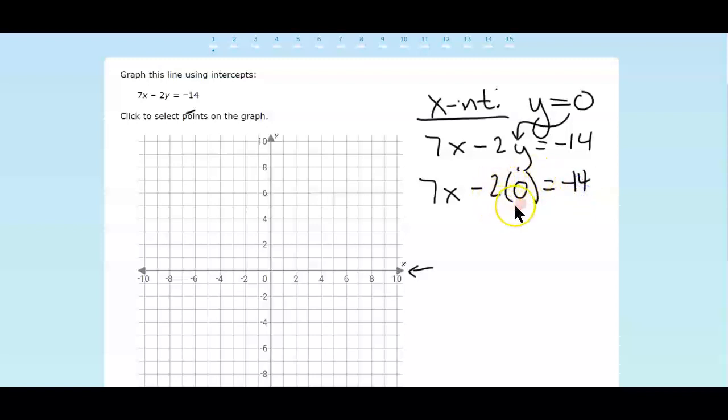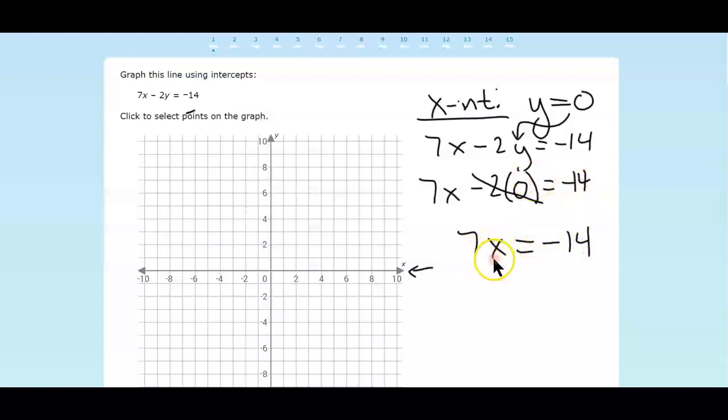And then by substitution property of equality, -2 times 0 is 0. And since we're doing 7x plus 0, that's just 7x equals -14.